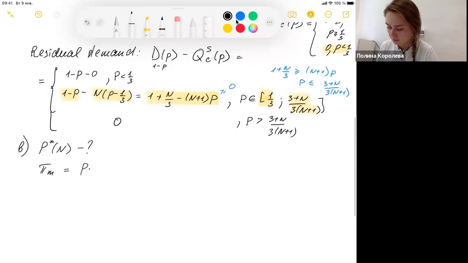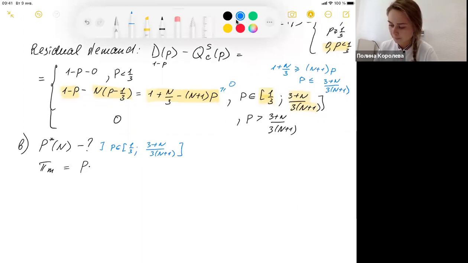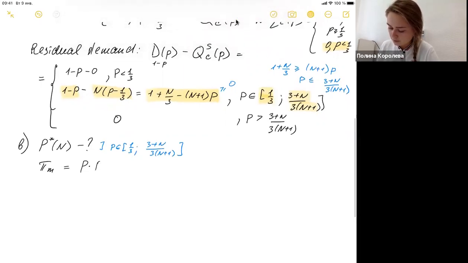Let's suppose that we work with the yellow part, with prices from 1/3 to 3 plus n over 3n plus 1. And then we will check it. Here, suppose, price multiplied by this residual demand, minus costs. Costs of monopoly Q over 6 from the task.